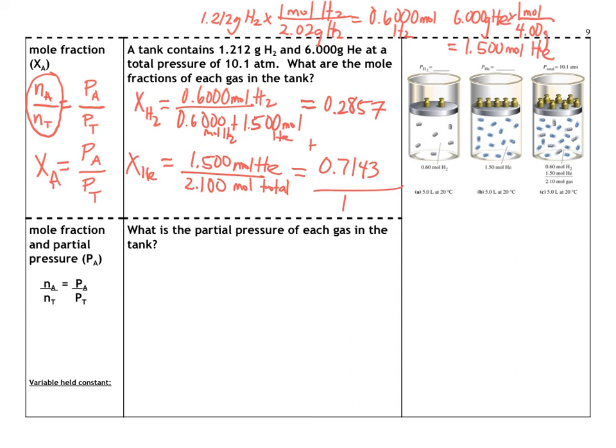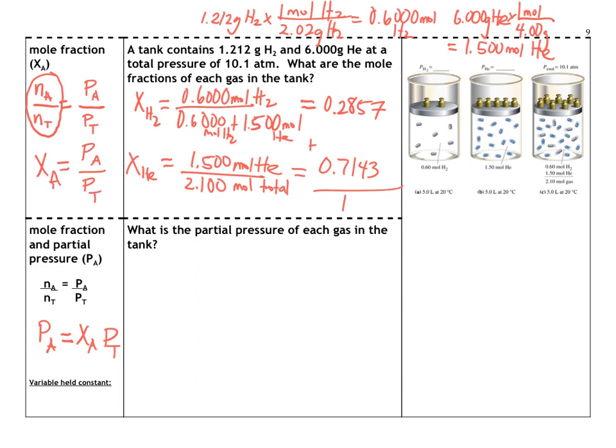So now, to do the partial pressure of each of the gases, we're going to take the pressure of a gas equals the mole fraction of that gas times the total pressure. So all I've done, class, is I've rearranged this equation to solve for P of A. And when I solve for P of A, I notice that I have to multiply X of A times PT.